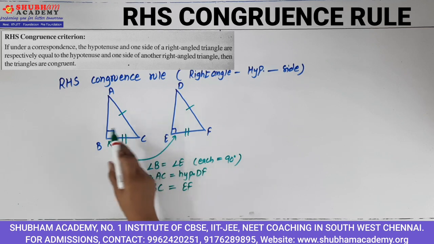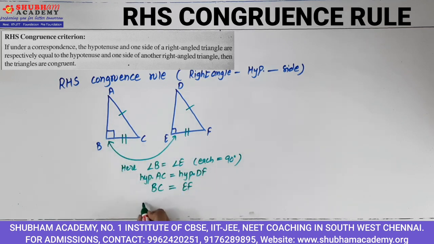I have represented in symbol form, so I can write triangle ABC is congruent to triangle DEF under RHS congruence rule.